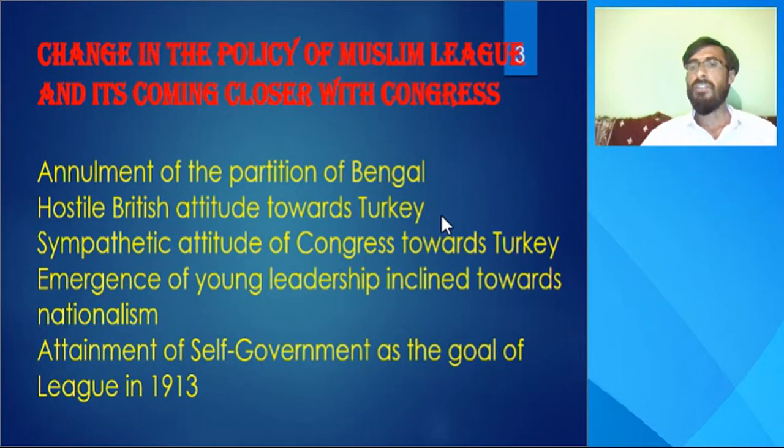All these factors forced the Muslim League to change its earlier policy, and in 1930 it changed its constitution and made the attainment of self-government as the goal of Muslim League.